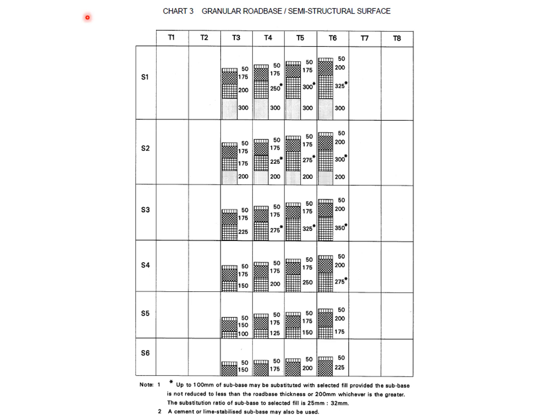Here in chart number 3, you can see the granular road base, semi-structural surface. Semi-structural surface means we are having the asphalt concrete surface.